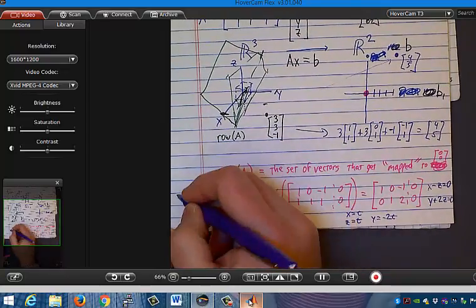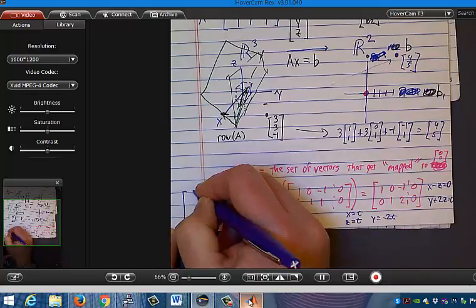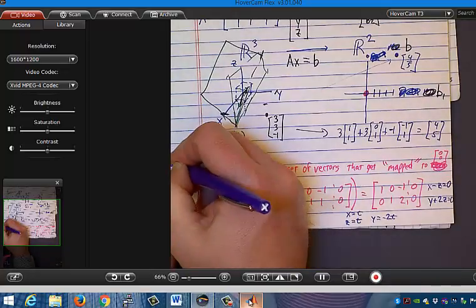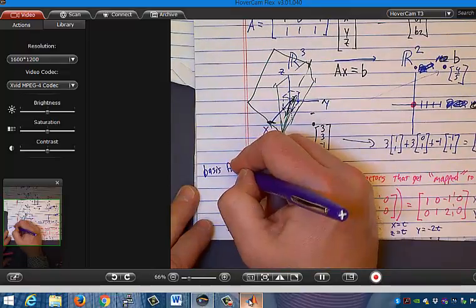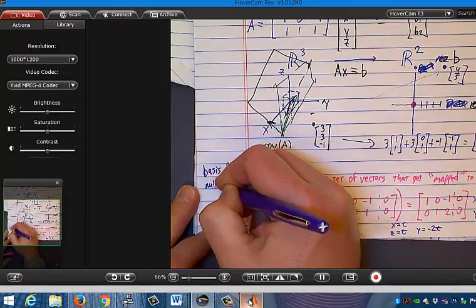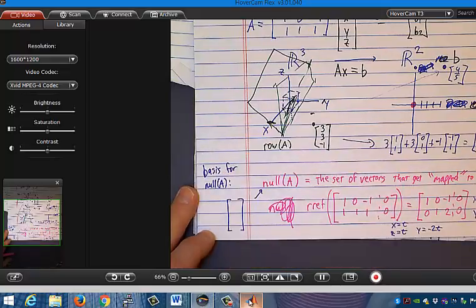So if I want a basis for the null space of A, how many vectors do I need? 2? 1? Well, let's see.